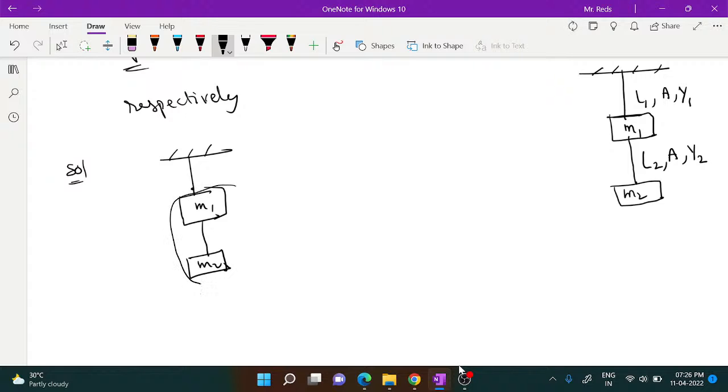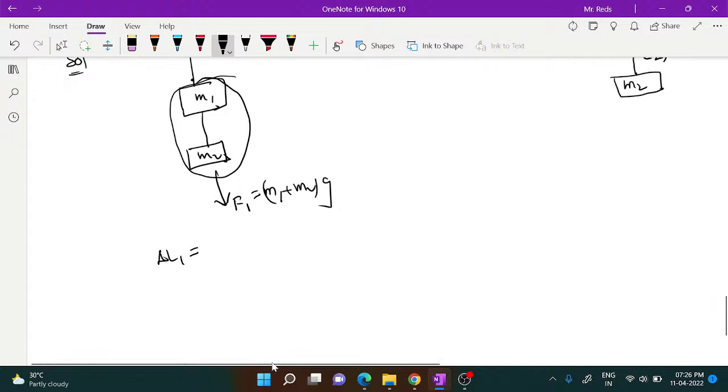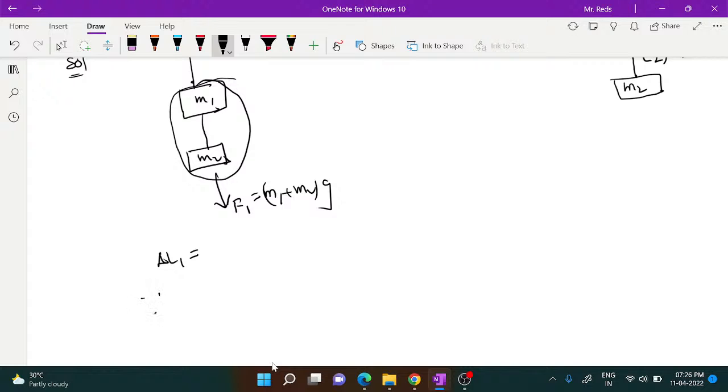So the total force on this is F1 equal to mg, where m is M1 plus M2 together, acting as weight. This produces an extension delta L1. From Young's modulus, Y is equal to FL by A into delta L, so delta L is equal to FL by A into Y.